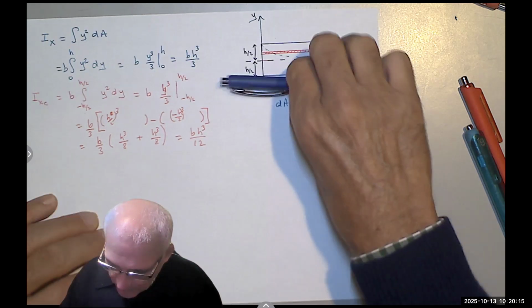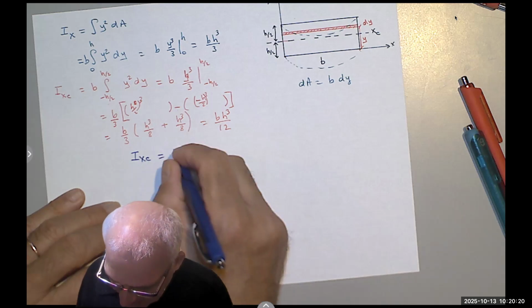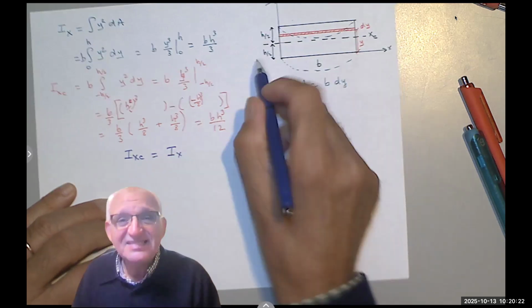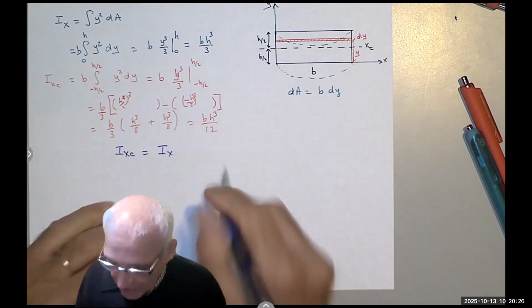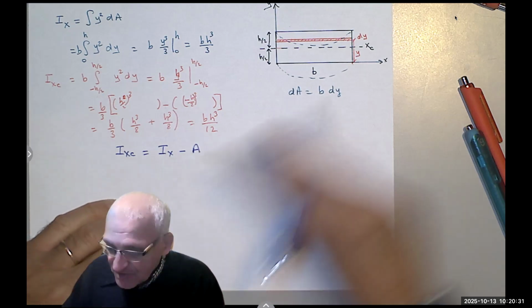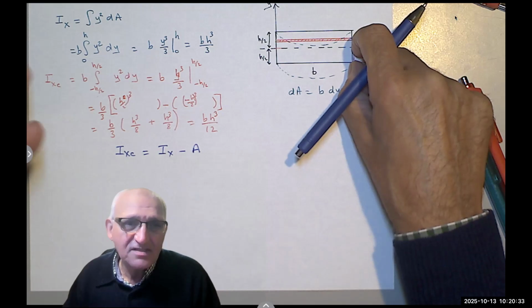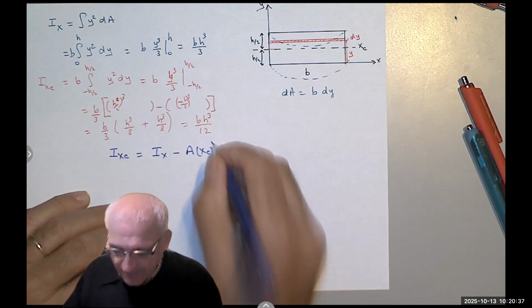So if I want I x sub c, I can take I sub x, where x is any axis parallel to the line of the centroid, and then subtract the area times the perpendicular distance, which in this case is x sub c squared.